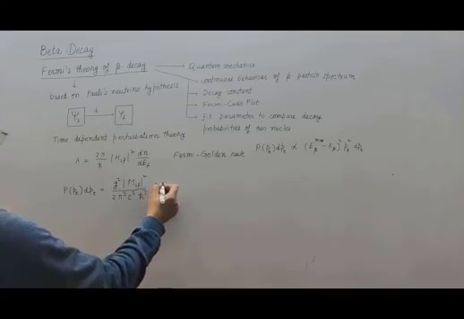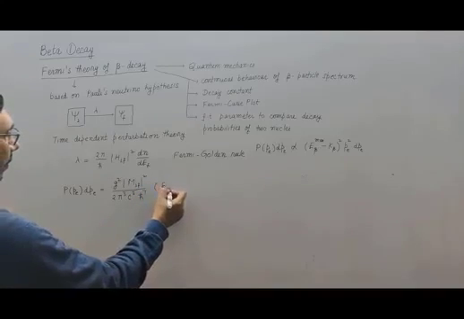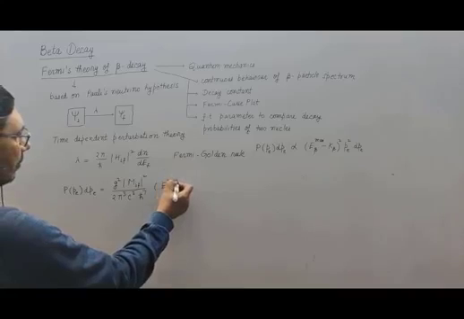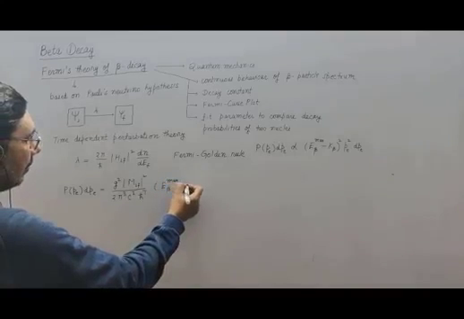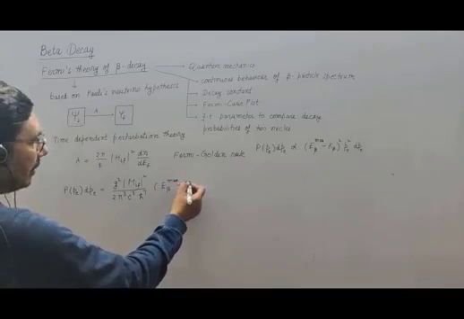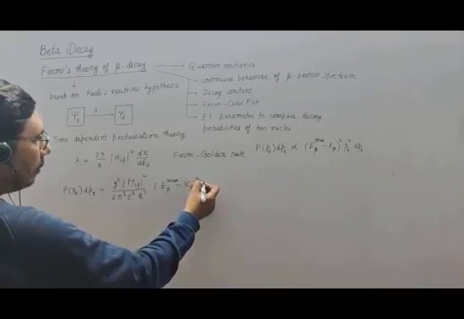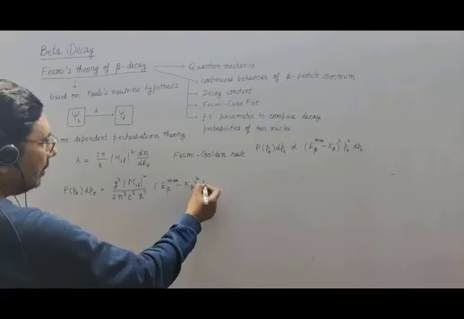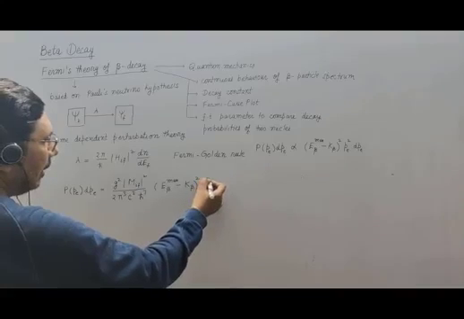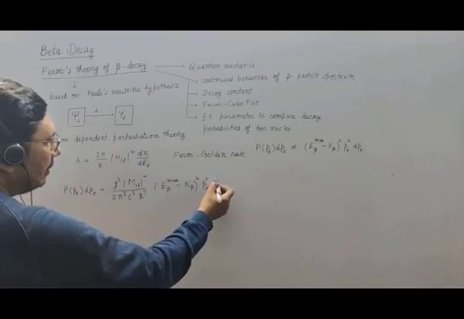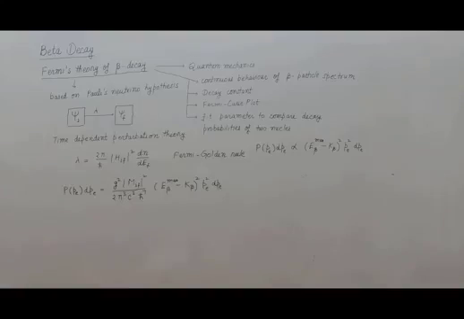And here it will be E beta maximum minus the energy carried by the beta particle, squared, and this will be PE square and dPE. They found this expression.